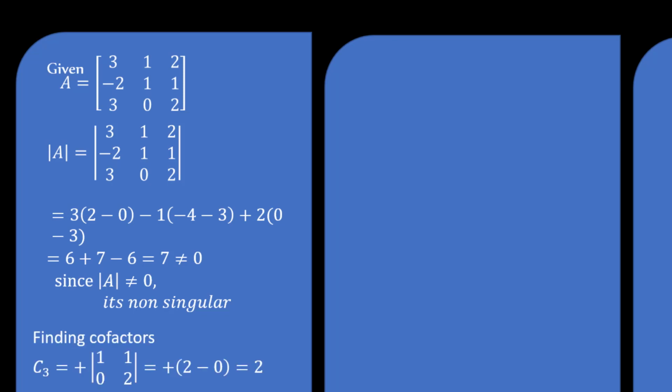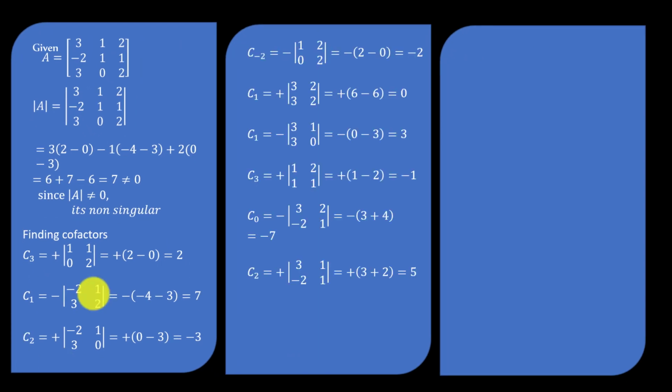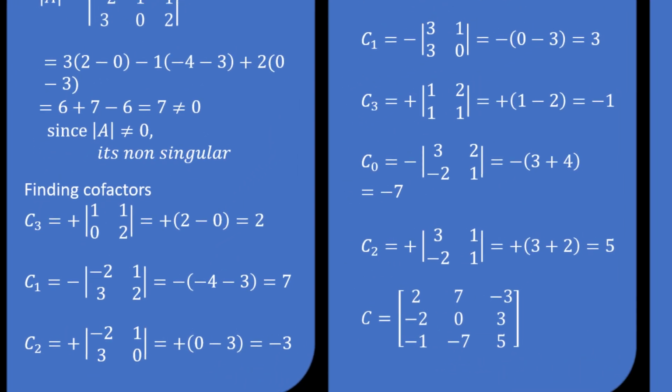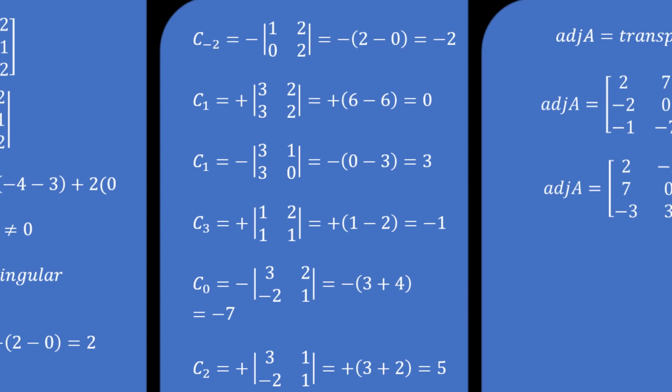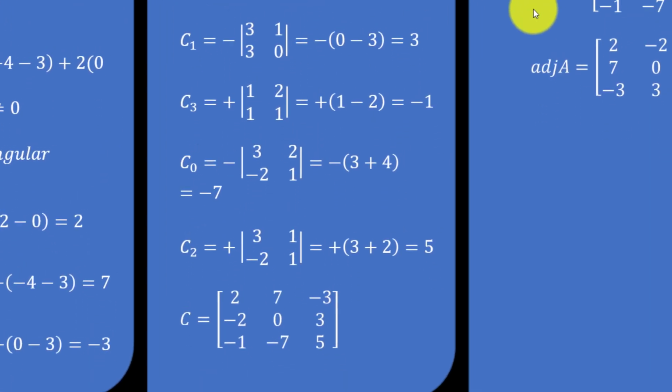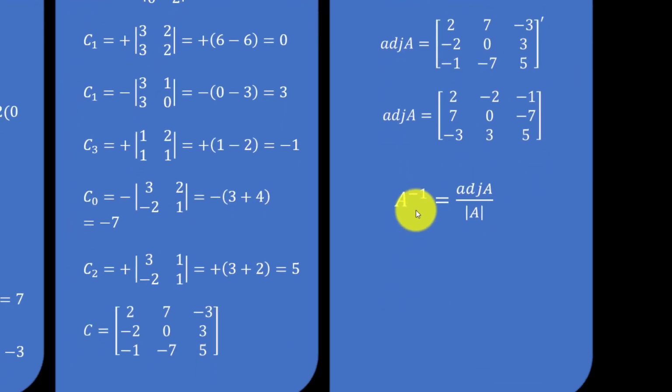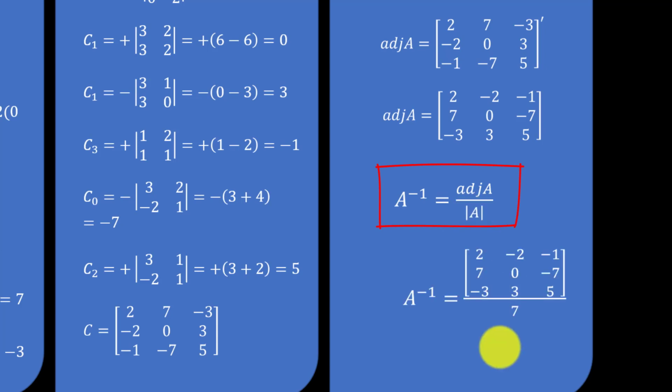Next, again finding the cofactors, which I already explained in the previous problem in this video itself. You can go through that. I have taken the same problem, so it is not difficult to understand. So we got the cofactor matrix. Adjoint is equal to the transpose of the cofactor matrix, so I got the adjoint. Now the difference is that A inverse is equal to adjoint divided by determinant of A. Just substitute in this formula and you will get A inverse.